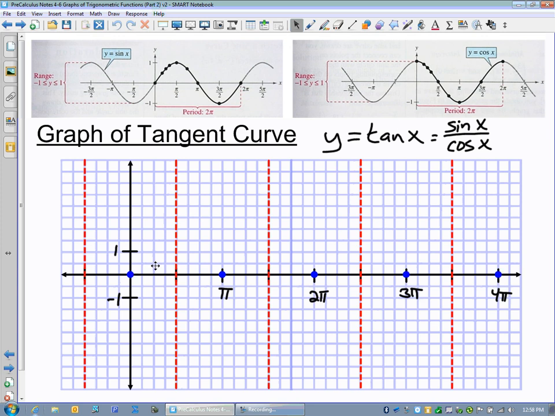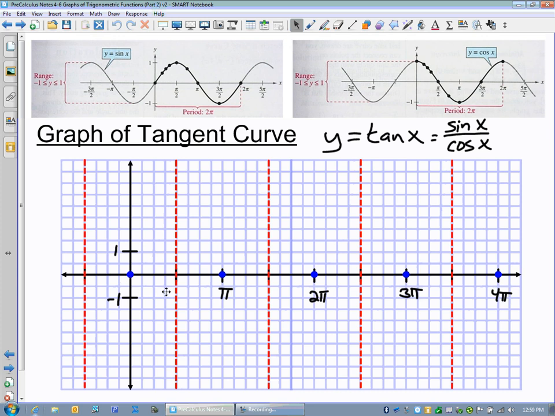Now, if we concentrate on this section, this represents quadrant 1 on the graph, because we're going from 0 to pi over 2, which is quadrant 1 for our angles. So here, if we think about the way we analyze rational functions, as we approach the asymptote, I'm either going to approach it going in this direction, or in this direction.